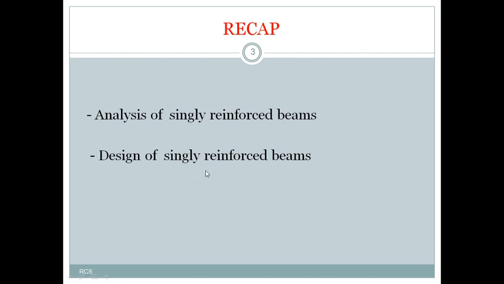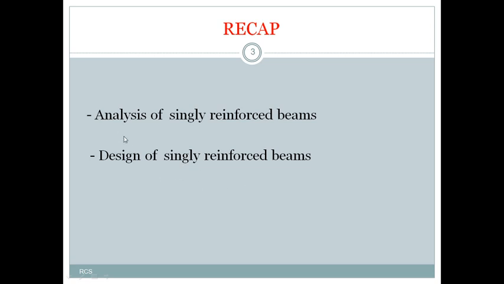Say deflection check, minimum tension reinforcement check, maximum tension reinforcement check, check against development length at simple supports for positive bending moments for simply supported beams, and calculating the anchorage length for a simply supported beam as well as a cantilever beam. Those things we have discussed very elaborately, right?